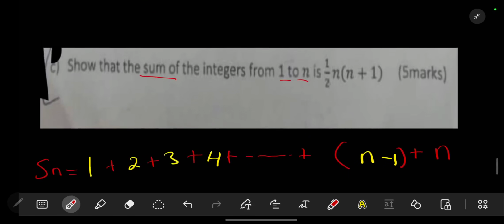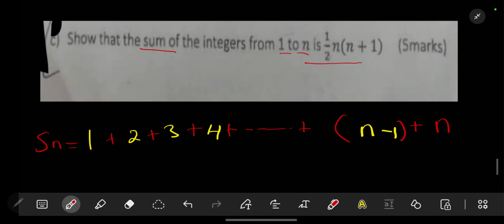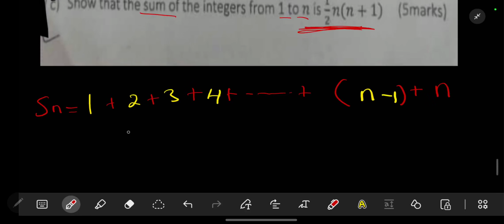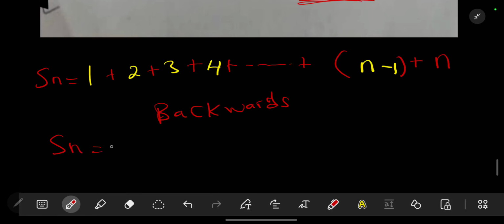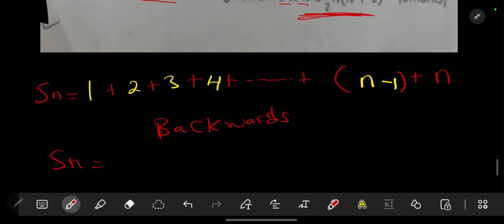This is how you show it. It's not just about finding the answer like this, no. After that, you are going to write these backwards. So backwards, we are going to have our Sn should be equal to n plus n minus 1, then we have plus dots.